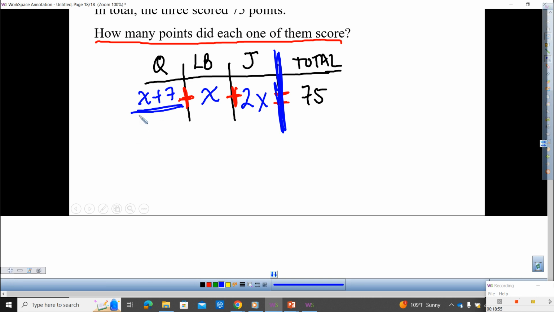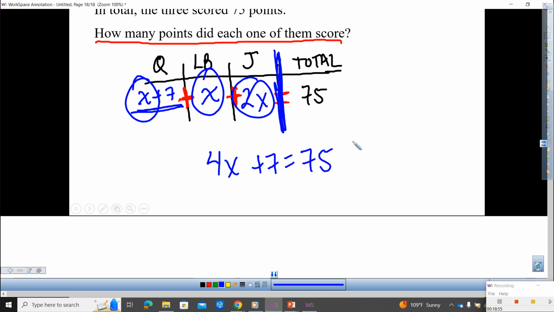Combine all the x's. What is 1x plus 1x plus 2x? 4x, bring down the plus 7, and all that equal to 75. That is correct. What do I do next, everyone? Subtract 7, 4x equals 68.